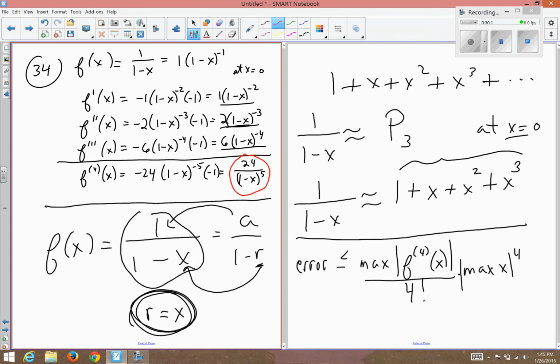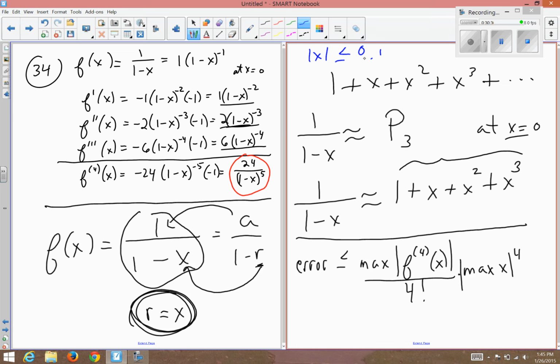That's going to be when x is 0.1, because in the directions it says the absolute value of x is less than or equal to 0.1.